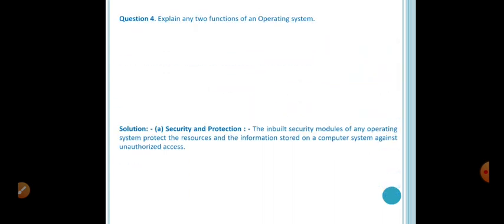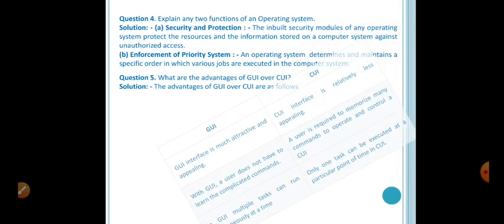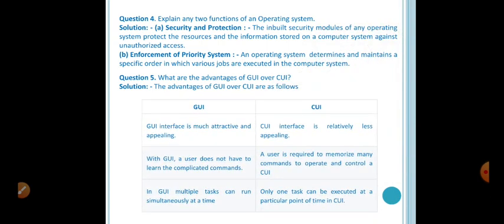The next one is explain any two functions of an operating system. So the two functions are security and protection and enforcement of priority systems. In the first one, the inbuilt security modules of any operating system protect the resources and the information stored on a computer system against the unauthorized access.